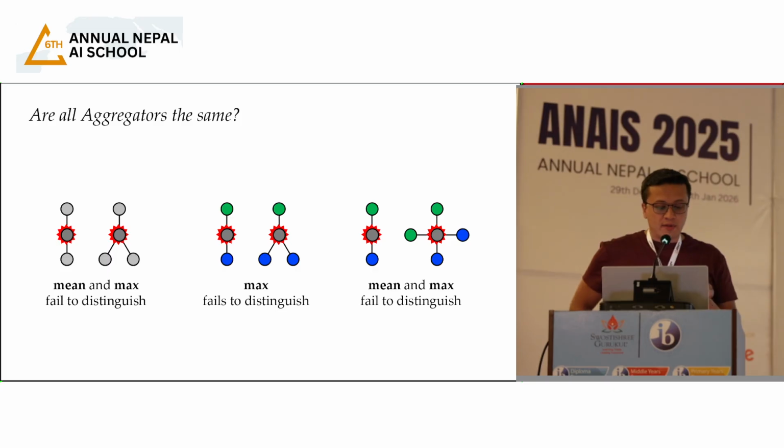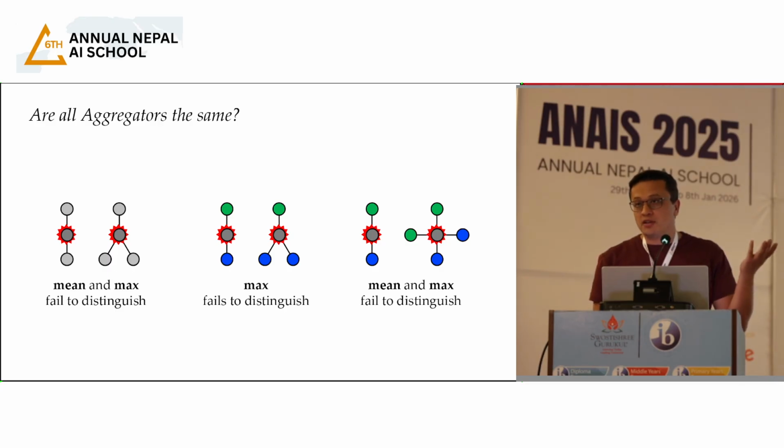Yeah, so if you look at some small examples, on the left, you can see cases where mean and max fail to distinguish. In the first case, what do I have as neighbors? I have 2 gray neighbors, right? If I take an average, so it's a mean, it's the same as having 3 gray neighbors or 1 gray neighbor, right?